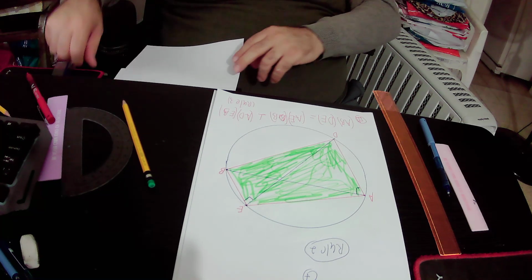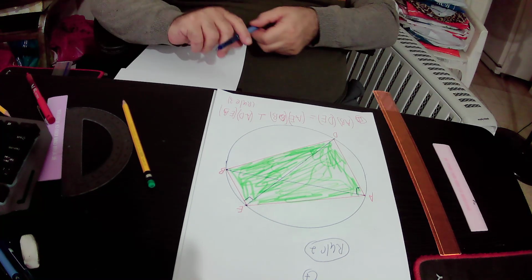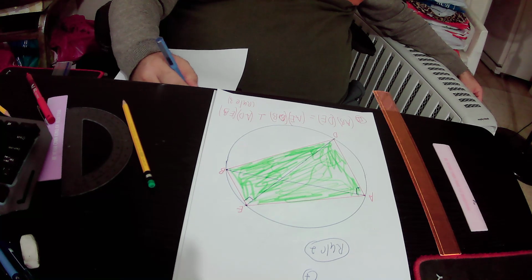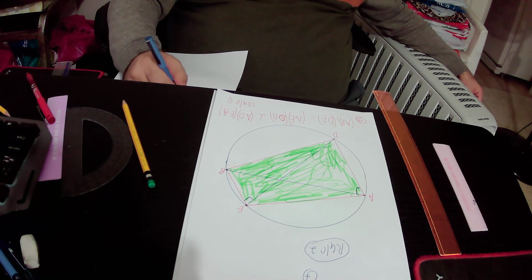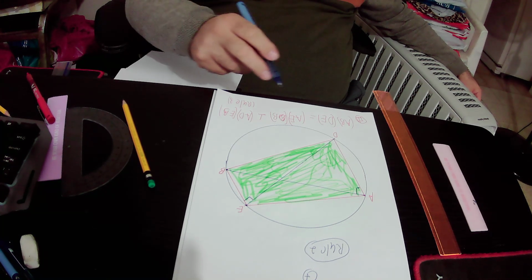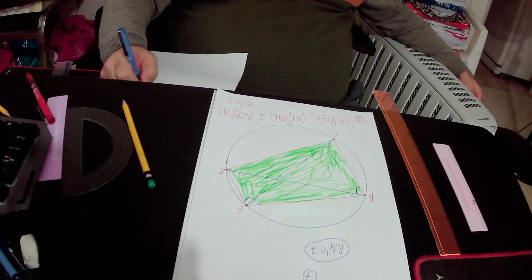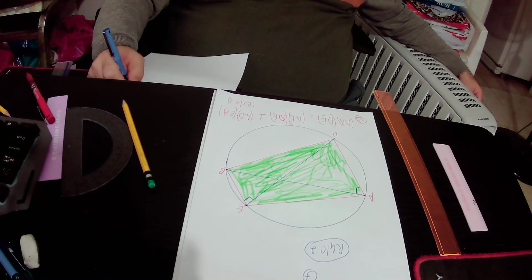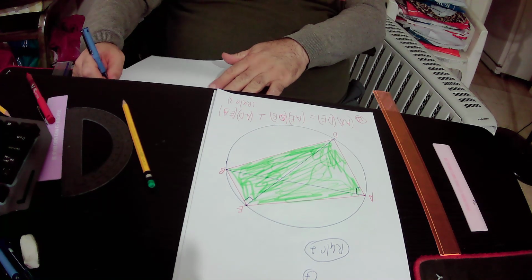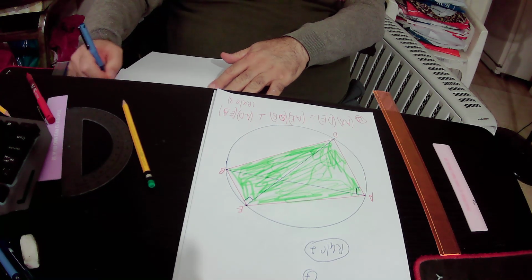So equation number 3 states that, according to rule number 3, AB times DE equals AE times DB plus AD times EB.